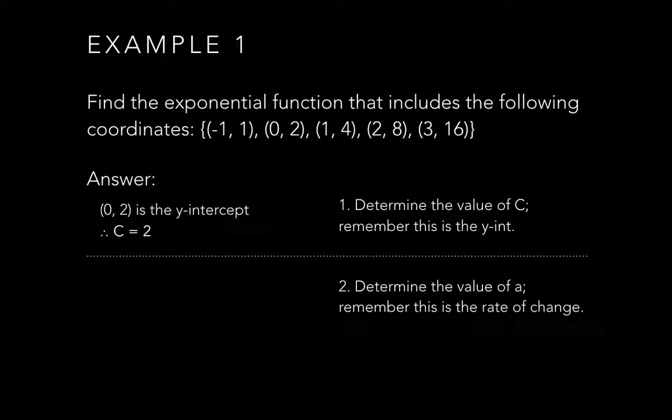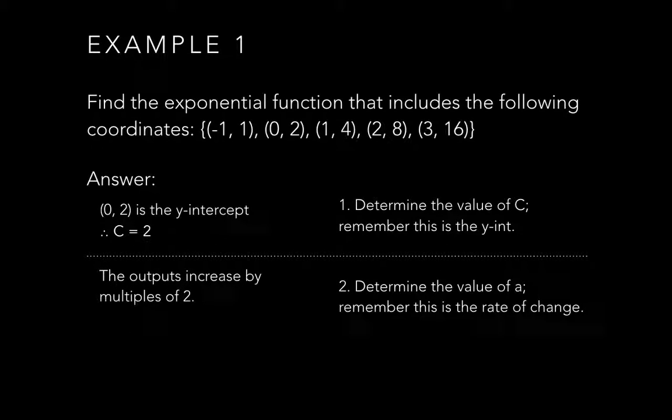Next, we need to figure out our value of a. This is the rate of change. As we progress, our values are getting larger, from 1 to 2, 2 to 4, 4 to 8, 8 to 16. Those are growing. So we're looking at a growth model, and it is increasing.